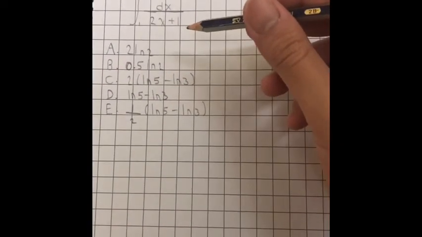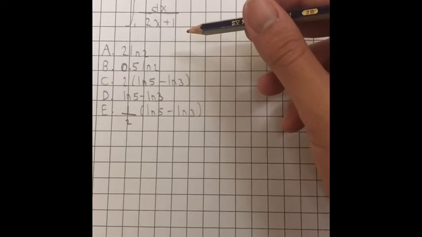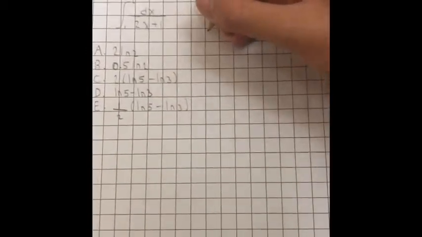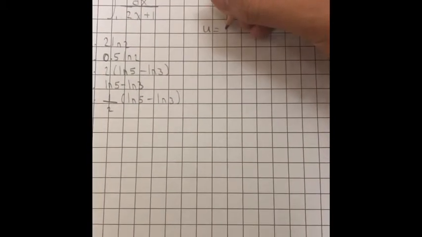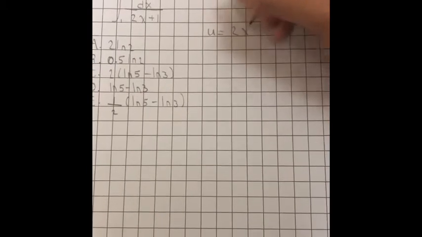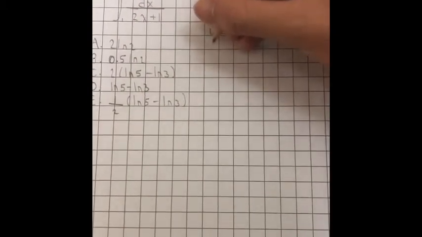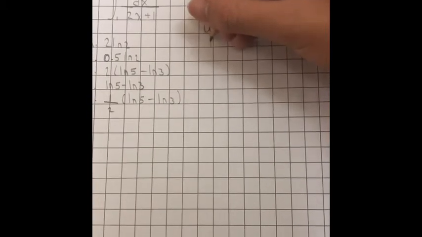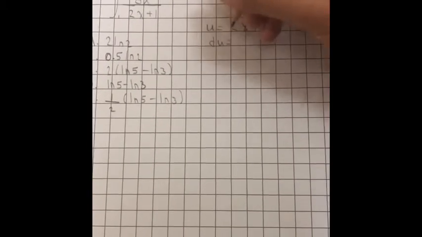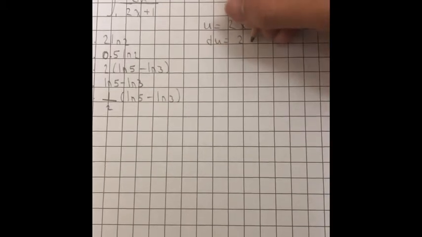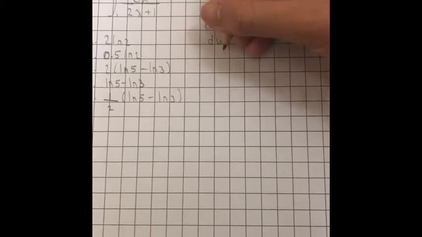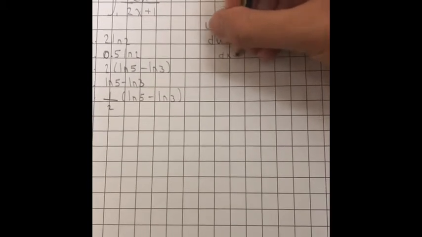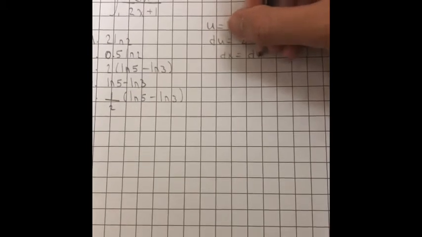I will solve this question using integration by substitution. First of all, we will consider this as u. And its derivative will be 2 dx, which will give us dx is equal to du over 2.